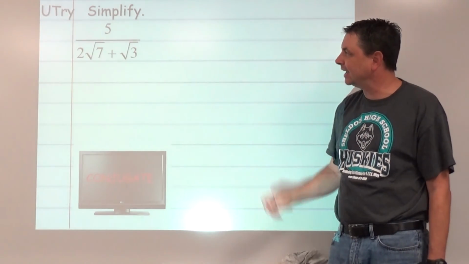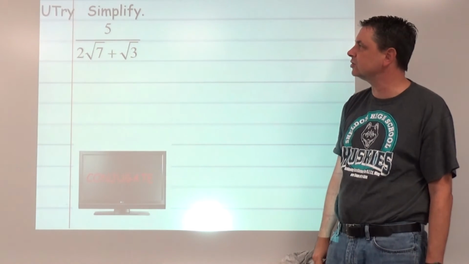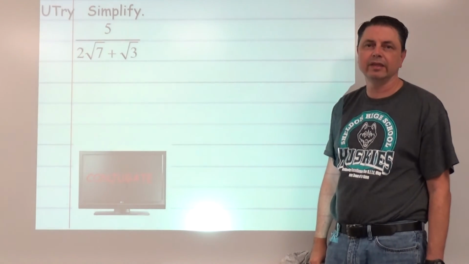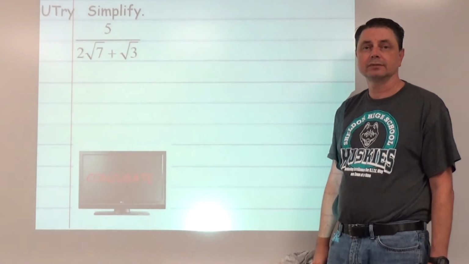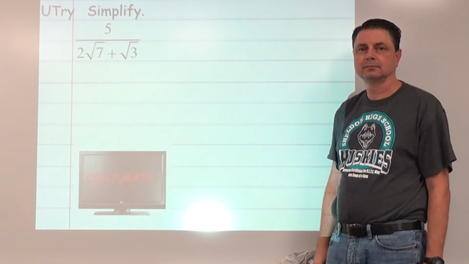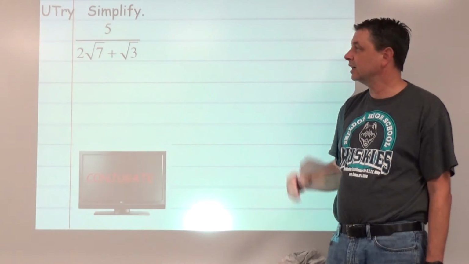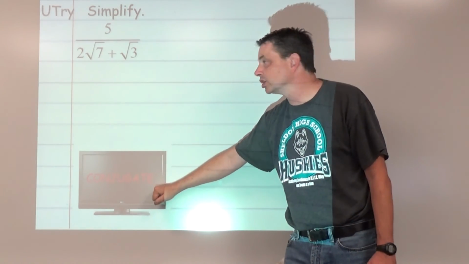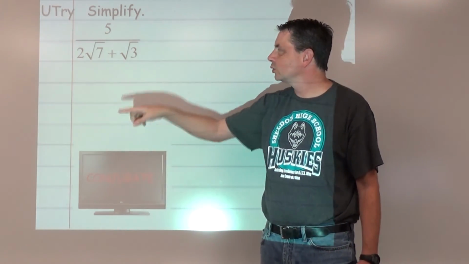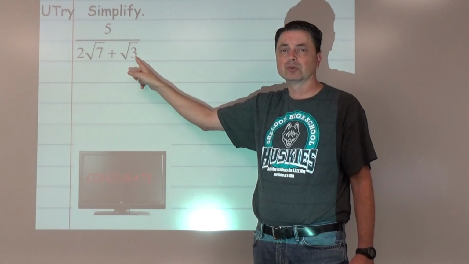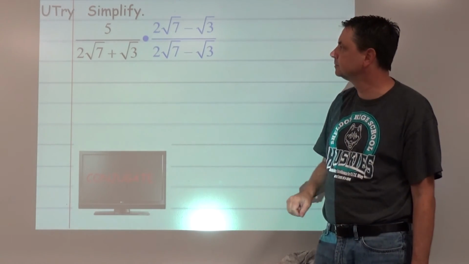All right, go ahead and pause here as you simplify this expression. All right, same key, conjugate. Multiply by 2 root 7 minus root 3, top and bottom.